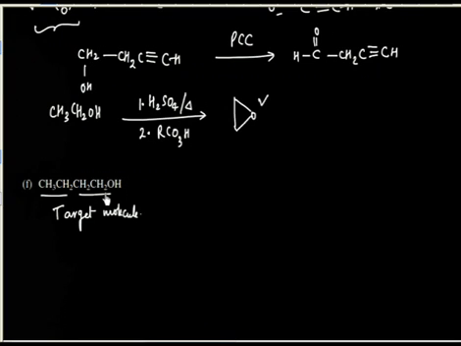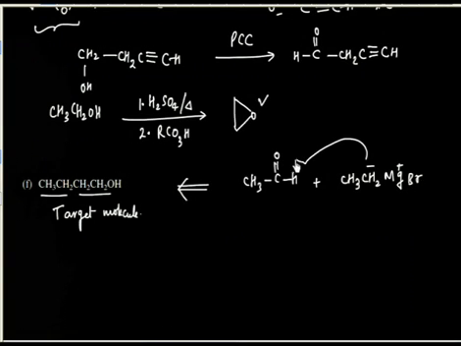In this case it looks like this target molecule can be prepared if I bisect 2 by 2. So I will have CH3CHO, and then something like CH3CH2 minus and Mg plus, that is MgBr. If you have something like this, you will get the final product.